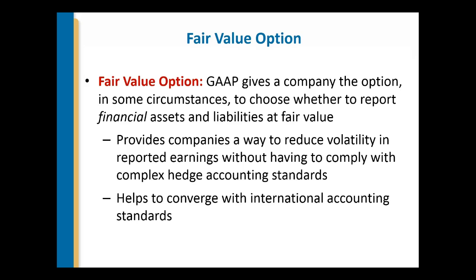These include investments in stocks and bonds of other entities, notes receivable and payable, bonds payable, and derivative securities. This fair value option provides companies a way to reduce volatility in reported earnings without having to comply with complex hedge accounting standards. It helps in the convergence with international accounting standards.